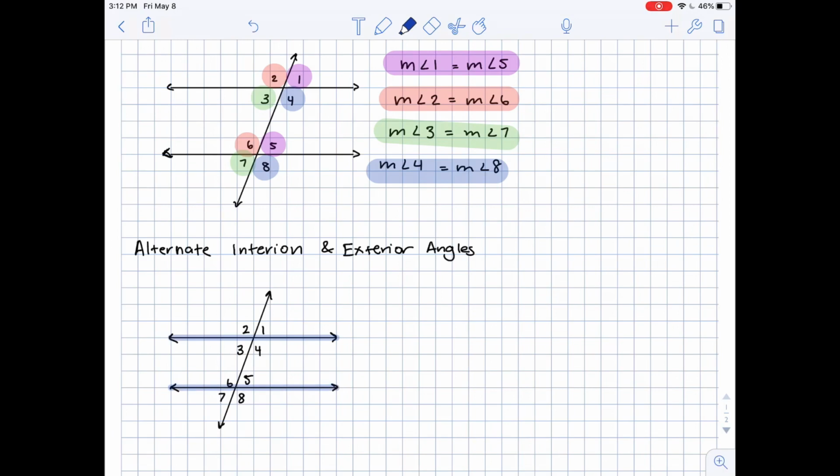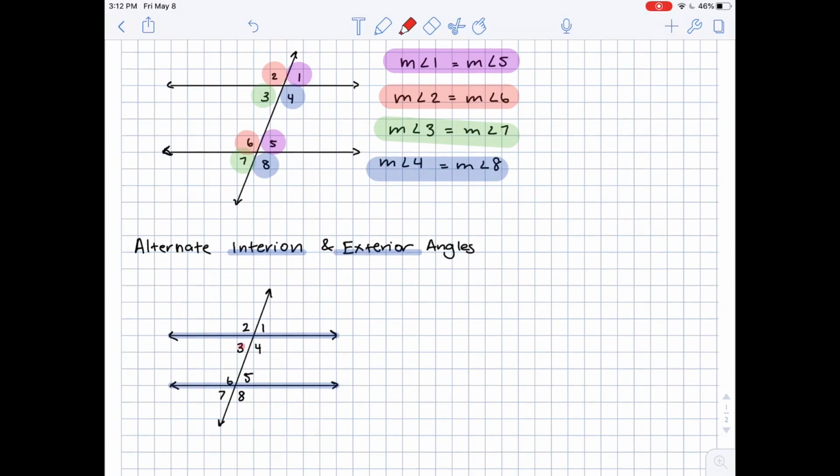Now the interior and exterior portions of this refer to: interior is in between the lines, exterior is outside the lines, above and below. So similar to corresponding angles, alternate interior angles are interior angles that alternate sides. And what's unique about these angles is they have the same measurements.